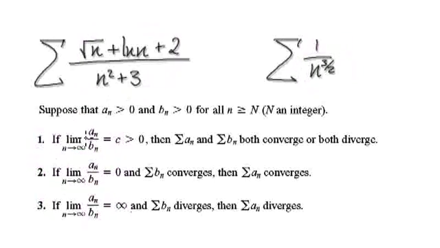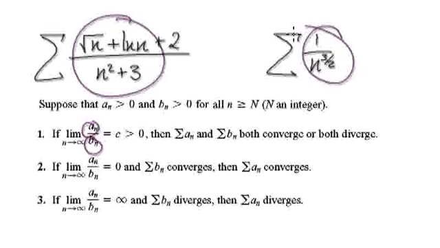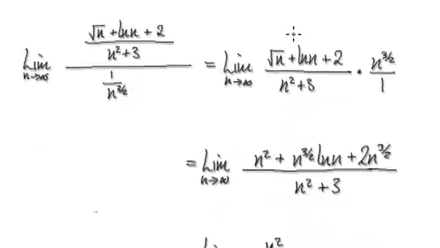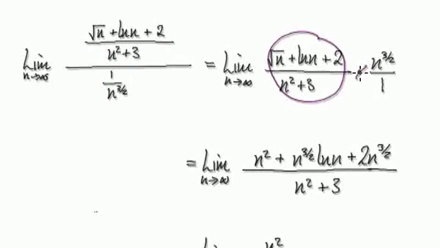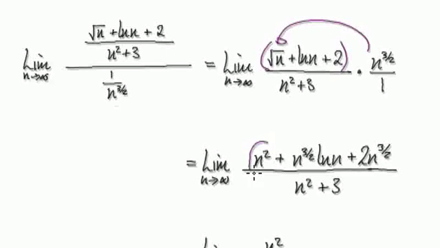So now let's determine the limit of an divided by bn. Here you've got one thing divided by another thing. That's the same as multiplying that thing by the reciprocal of this. So that will give you this. Now it's top times top, so this times this will give you n to the power of half, that's the square root, times n to the power of 3 over 2.